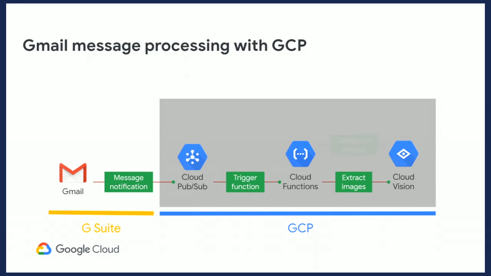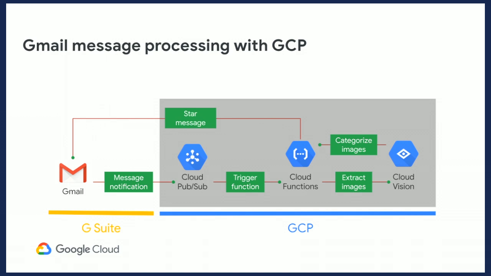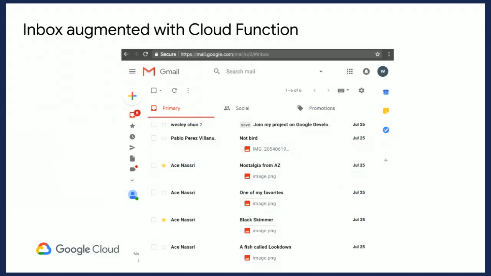So then Cloud Vision will return metadata for what it sees in that image, and if it happens to see that bird is one of the labels returned, then he calls the Gmail API to star that message, so that by the time he logs into his email, without explicitly running any code, he will already have some messages that are starred to raise awareness that these are a little bit higher priority because they have pictures of birds in them. Okay?